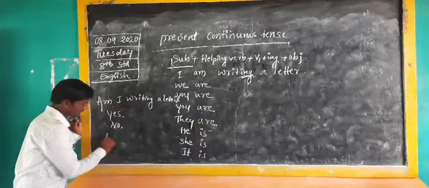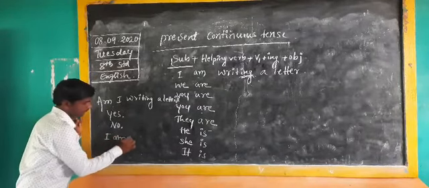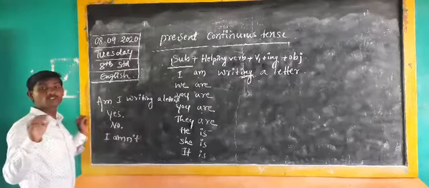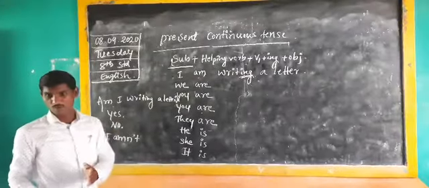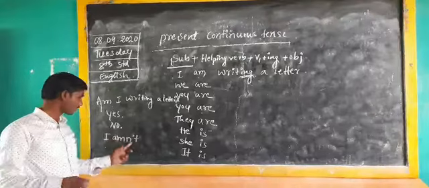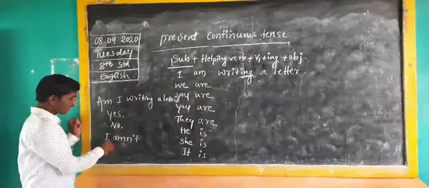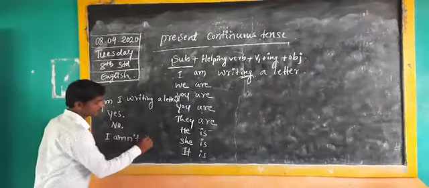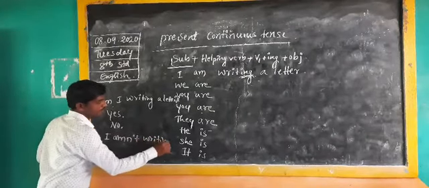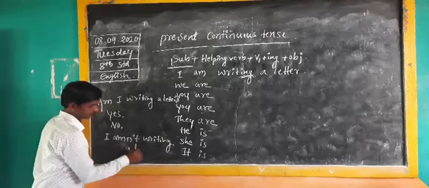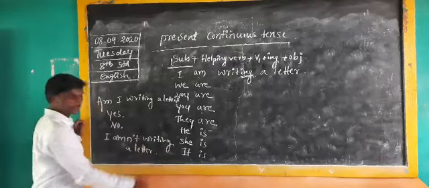If it is not possible for you to continue that action, you should use not only with the helping verb, not the main verb. No, I am not writing a letter. Is it clear?